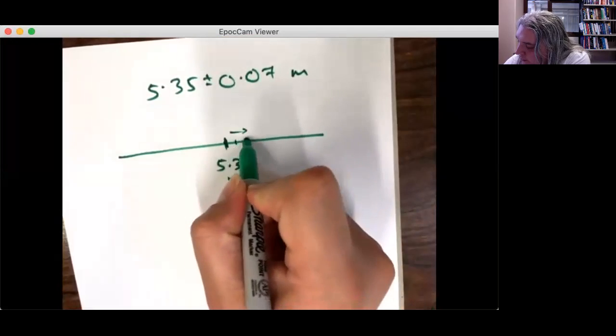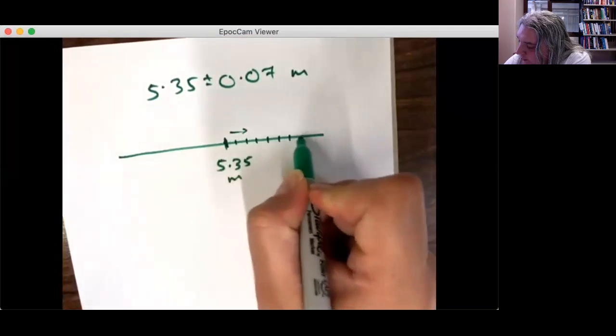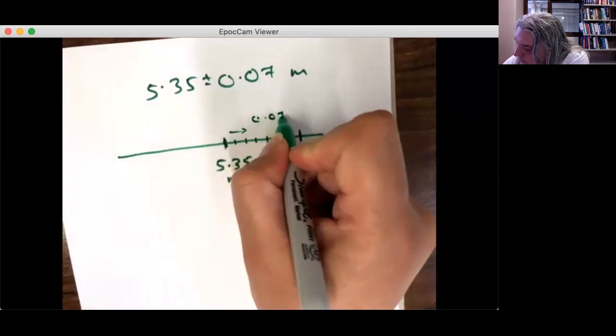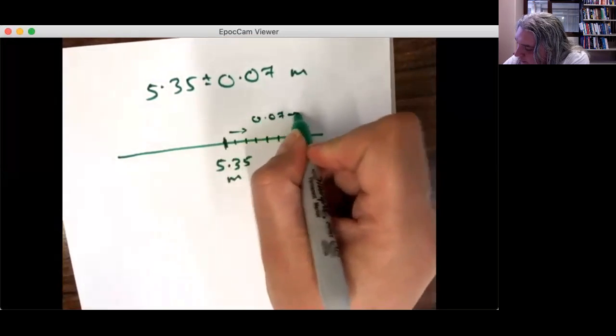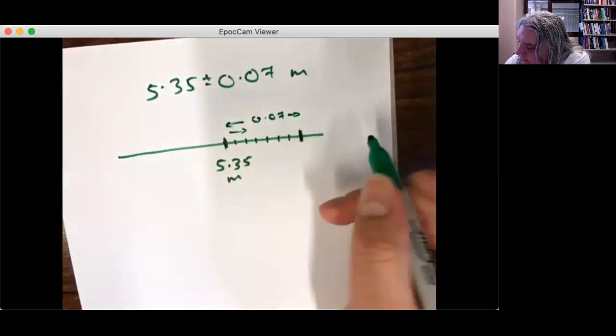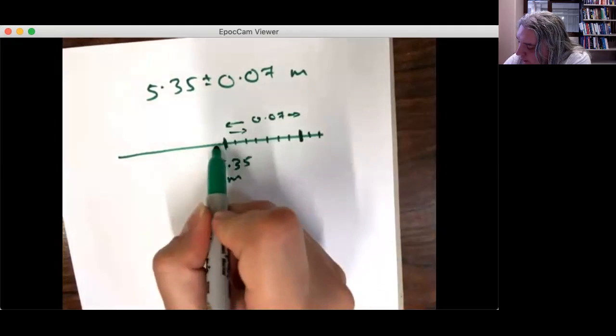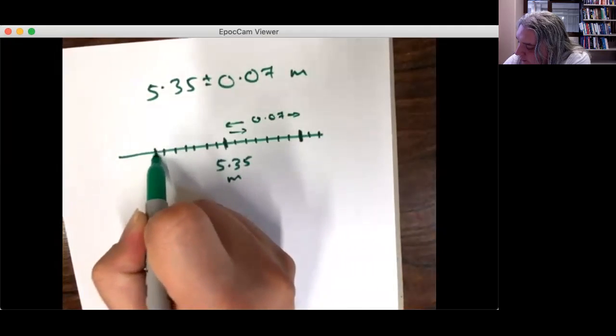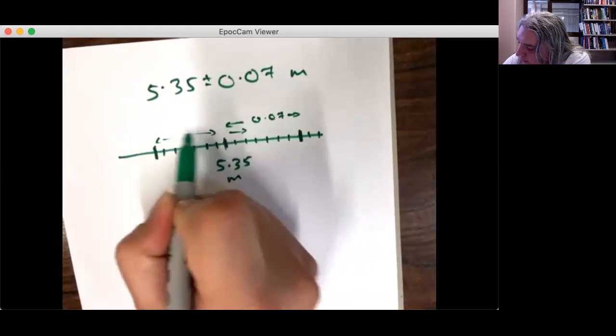So it could be, we'll go 1, 2, 3, 4, 5, 6, 7, could be all the way up to here, right? So that's 0.07 meters. It could be all the way up to here. Hopefully you're all familiar with number lines because that's all I'm doing. 1, 2, 3, 4, 5, 6, 7. Or it could be all the way down to here.